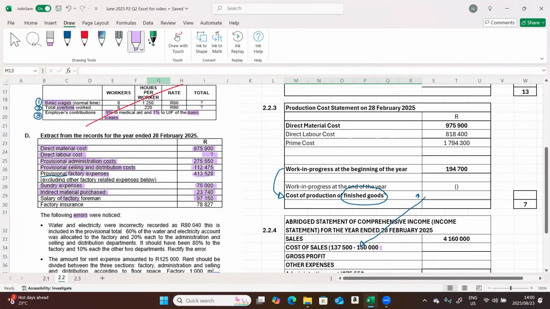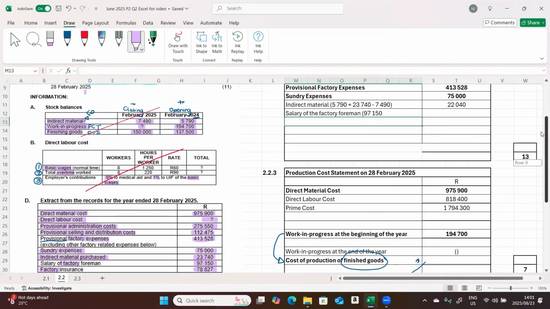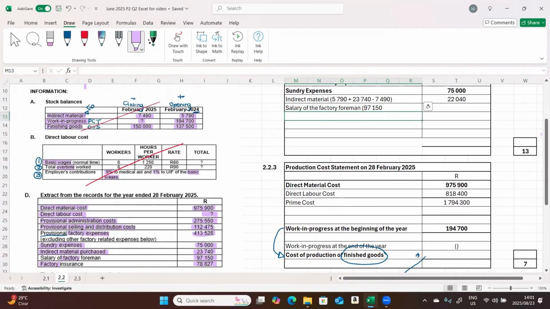And then lastly, factory insurance, guys. It's easy. The word factory is there, so it's going to be a factory overhead. So we know factory insurance of 78,827 has to be written in here in the factory overhead note.